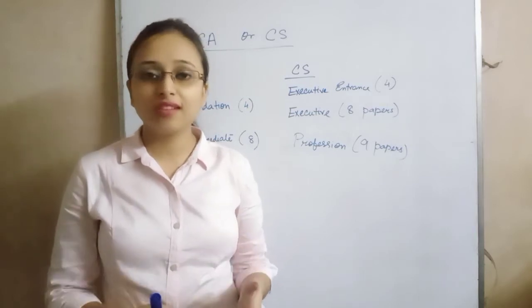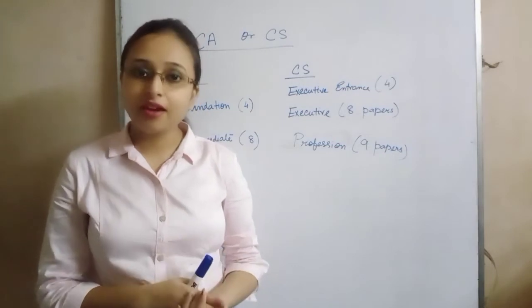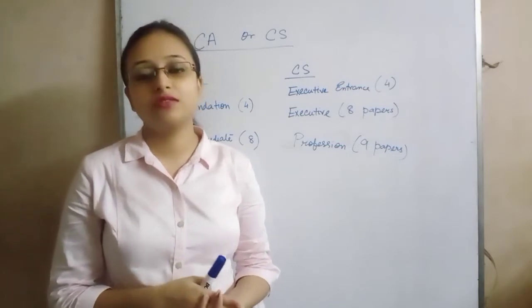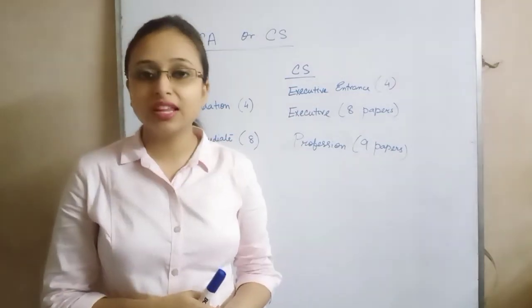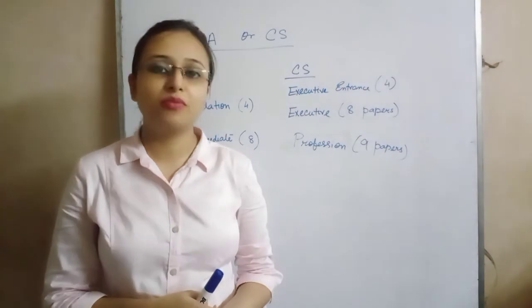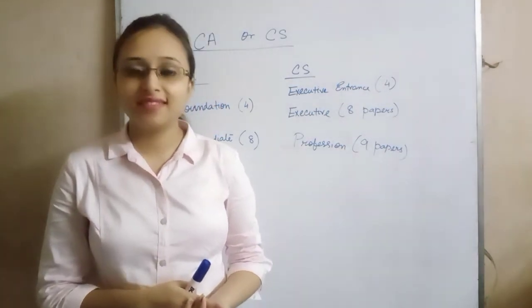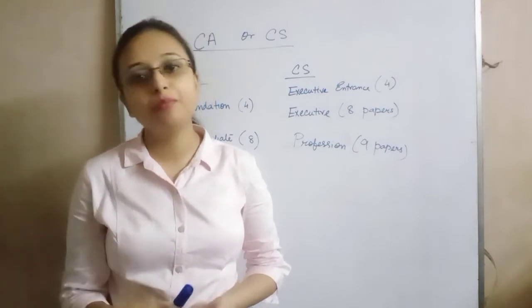Classes 11 and 12 are just a basic step to our CA or CS, because there we are introduced to the subjects of accounting and commerce. We are learning the ABCs of accounting and commerce in 10 plus 2. But CA and CS are the advanced steps beyond plus 2.